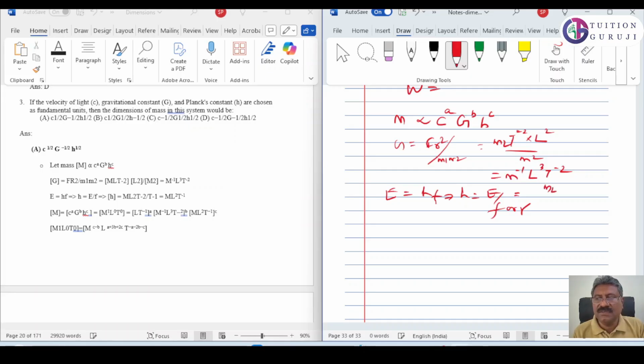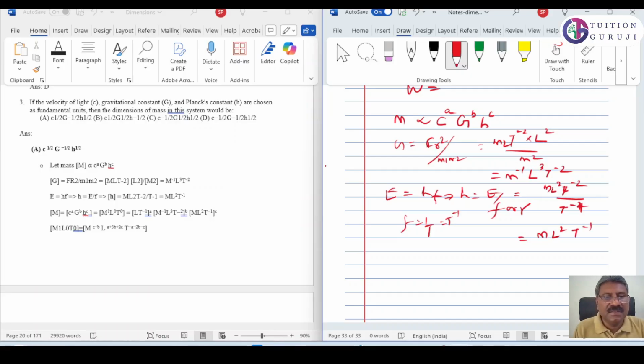So E, energy, is M L square T raised to minus 2, divided by f, which is 1 by t, that is T raised to minus 1. So we will get M L square T raised to minus 1.